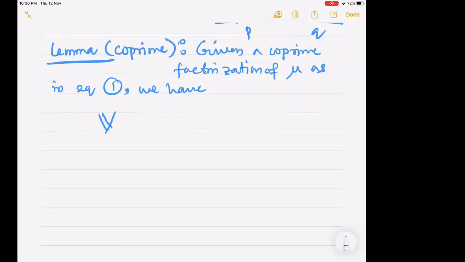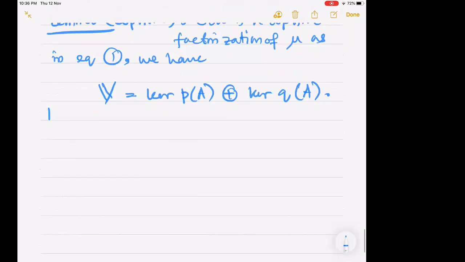The vector space V is the direct sum of the kernel of PA and the kernel of QA, right? Why is this true? Because it's a direct sum, what are the two things that we have to show?